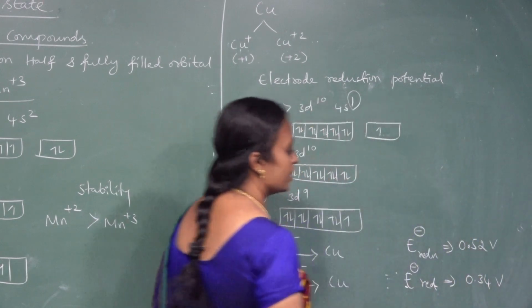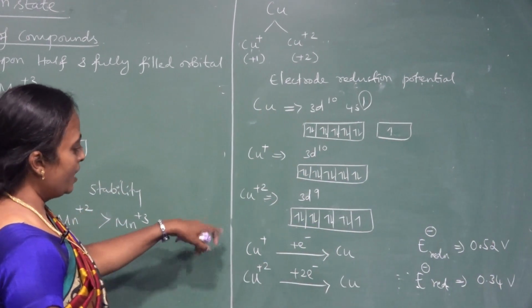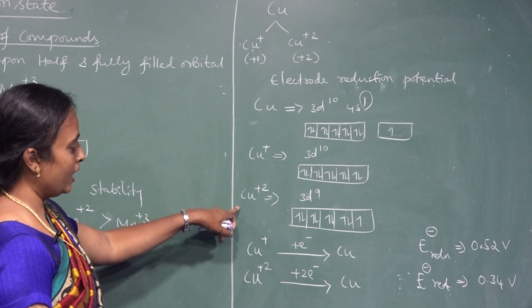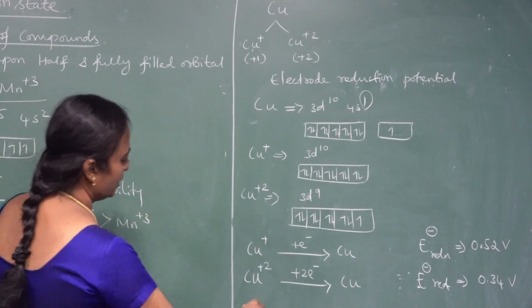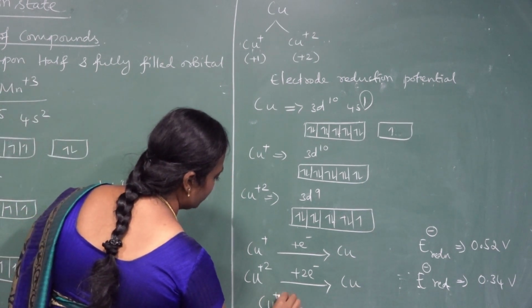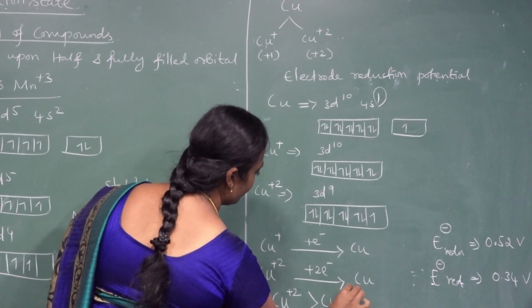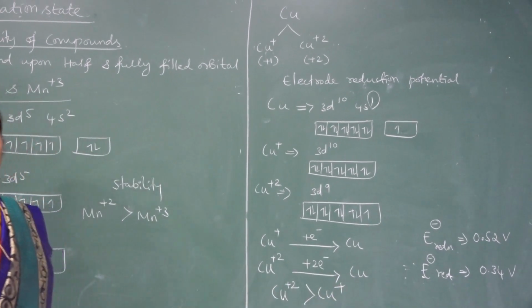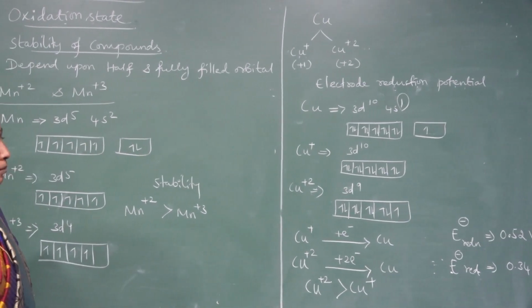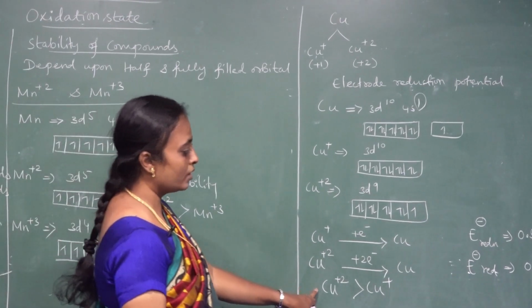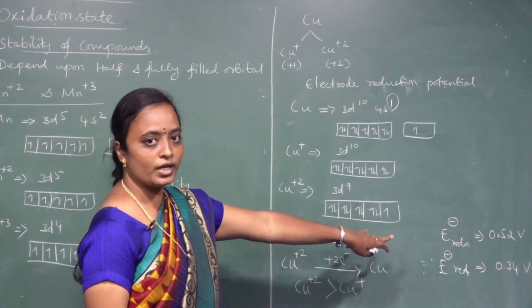0.34 volt. Based on the Cu plus and Cu plus 2 comparison, Cu plus 2 is more stable compared with Cu plus, based on the electrode reduction potential value.